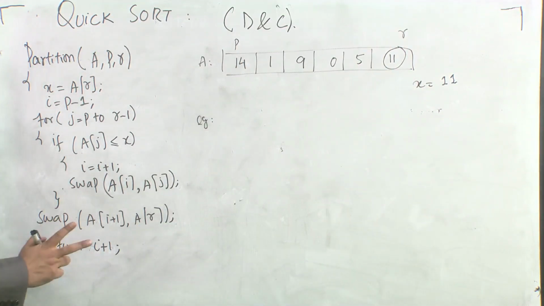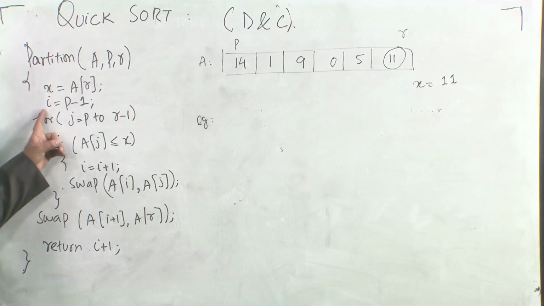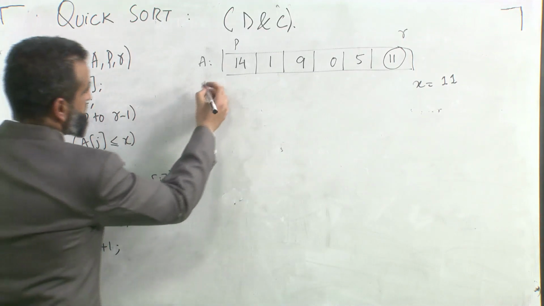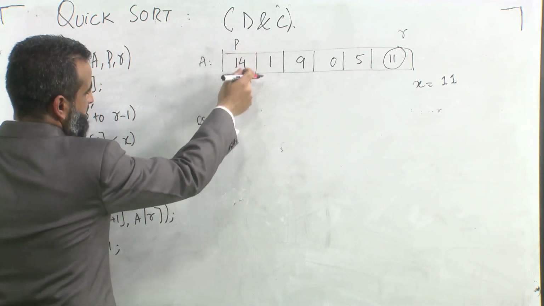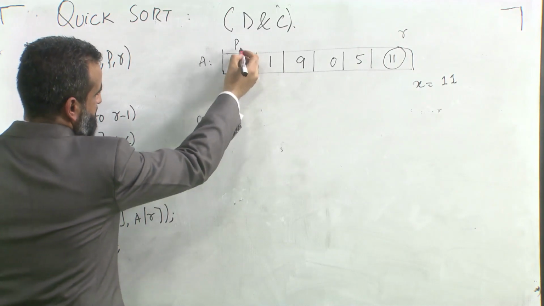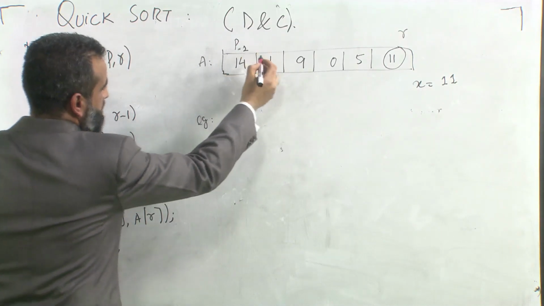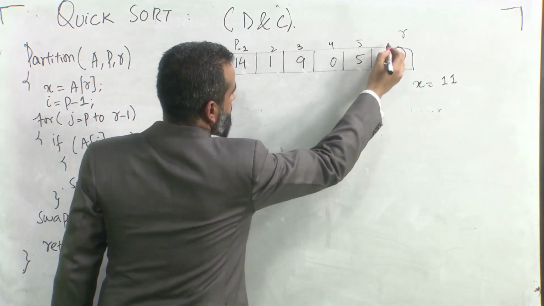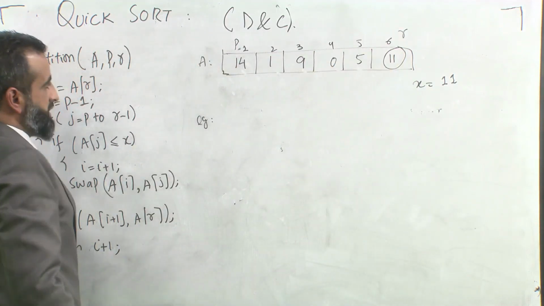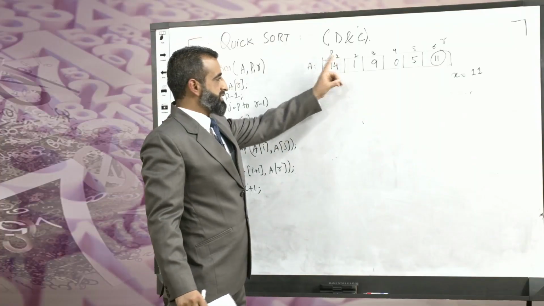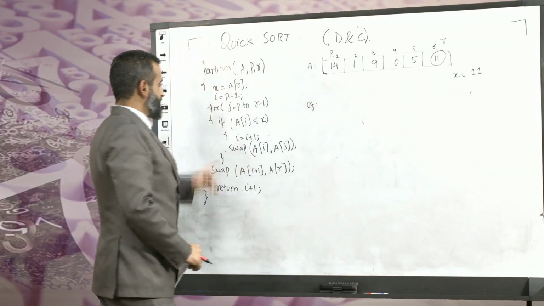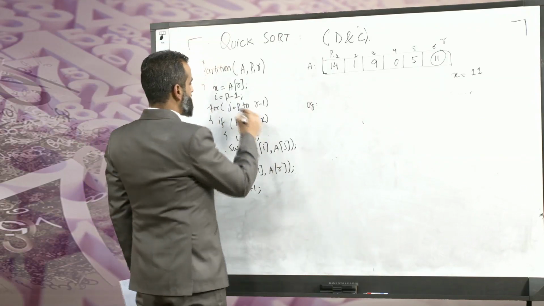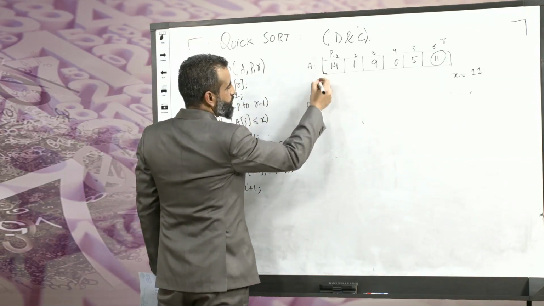Next, I'm using two indices, where one index is I. Since P is pointing to the first element, this is position number 1, position number 2, position number 3, 4, 5, and a 6th position. So my P is pointing to the first element. My I index will be pointing to P minus 1.